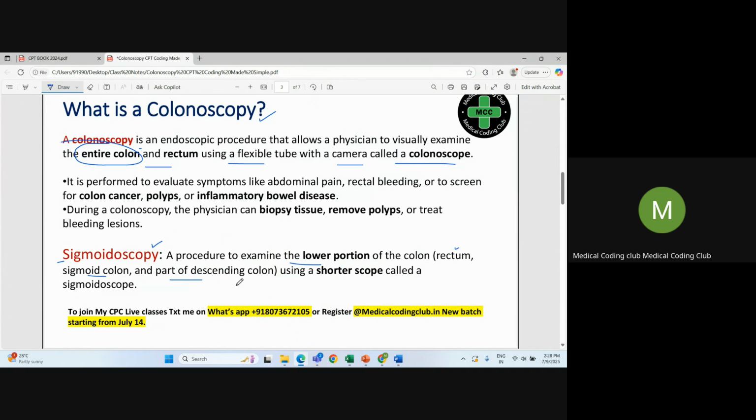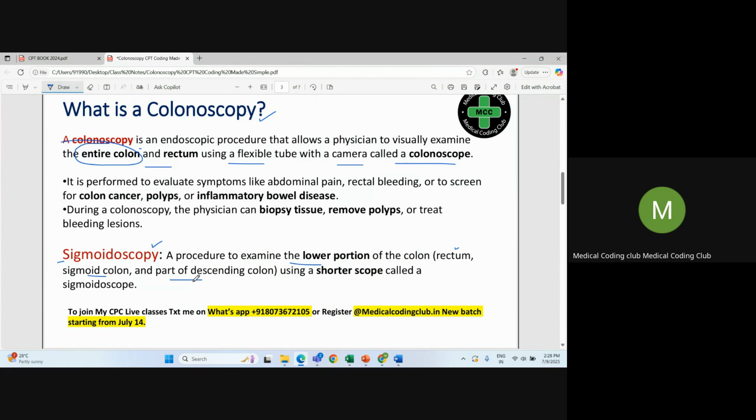It's not the entire colon. So sigmoidoscopy is only for the lower portion of the colon. It is important, and based on this point, you will easily navigate the colonoscopy decision tree. We will see the decision tree later. As of now, please understand the difference between colonoscopy and sigmoidoscopy.